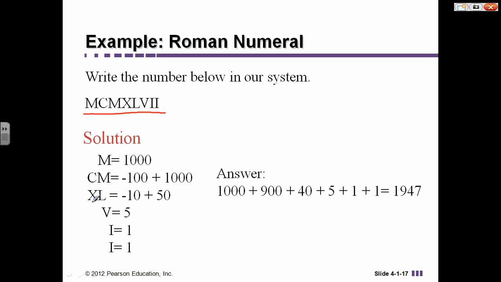XL is you're going to take the 10 away from 100 again since X is smaller than L. V is 5. The two I's are 1 and 1. So we have 1,000, 900, 40, 5, 1, and 1, which is 1,947.